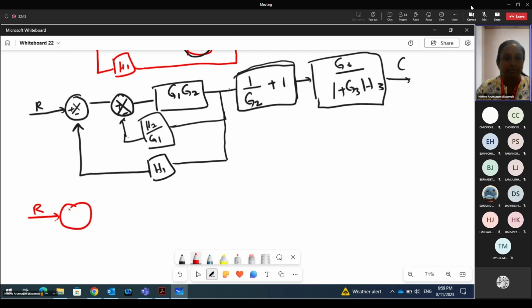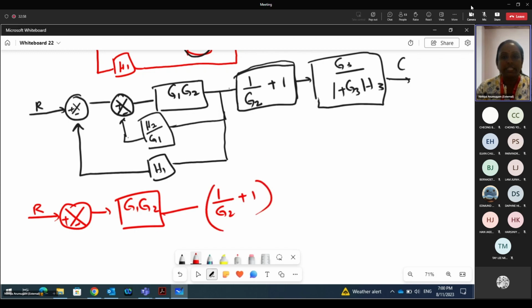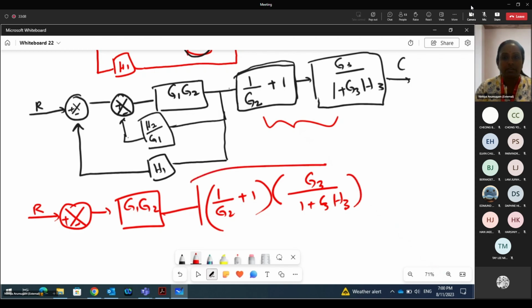I can just simply put plus minus, all right? And then I have G1, G2, 1 over G2 plus 1. And this is in series, so I can combine this as G3 over 1 plus G3 H3, and an output of C.